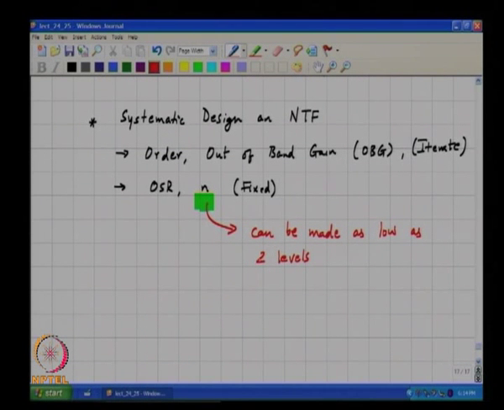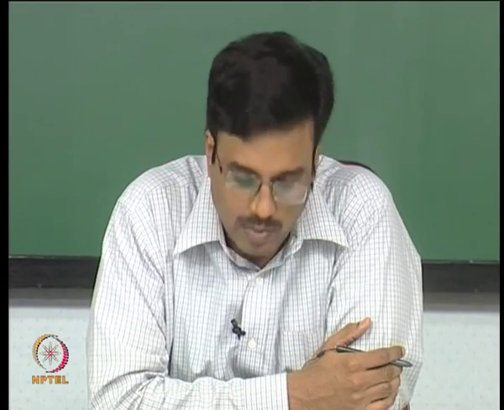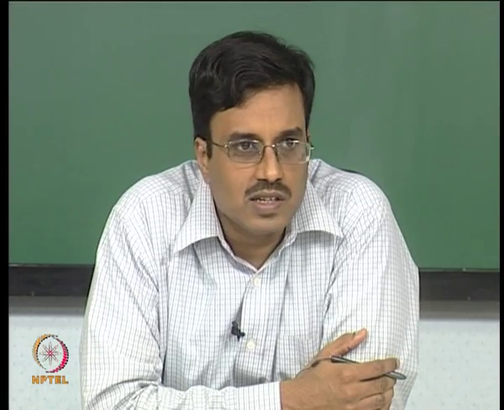So, as you keep reducing the number of levels, what do you expect to happen to the MSA? It goes on reducing, all right, and in the limit, when you make n equal to 2, the number of levels reduce, the maximum stable amplitude also goes down, and the smallest number of levels one can have is 2 levels, or what is called a single bit quantizer, or a 1-bit quantizer. Okay.